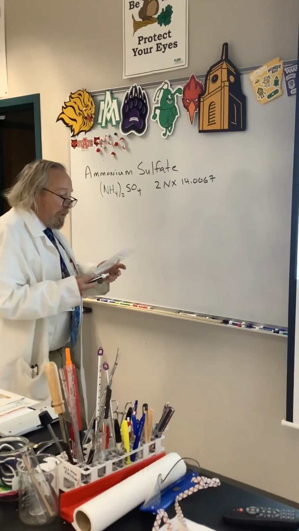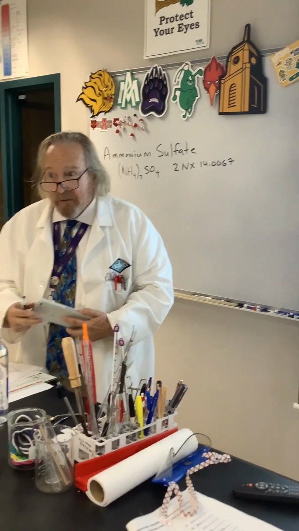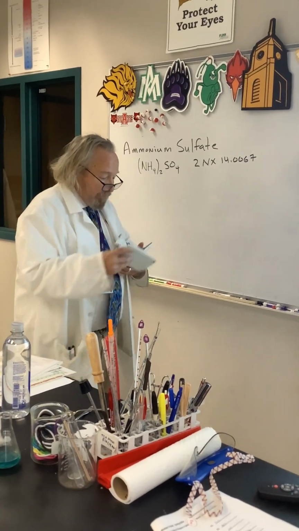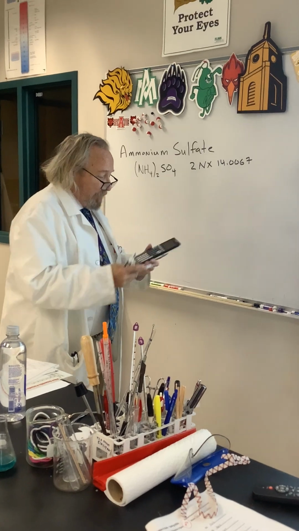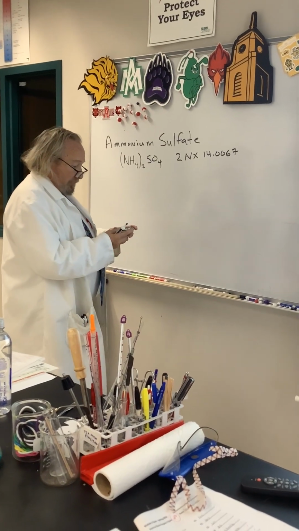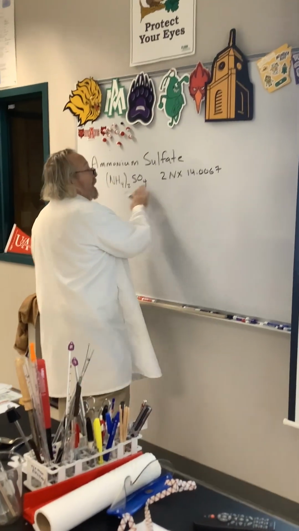Now, 2 of them would weigh, so get out your calculator. Remember, you write the formula of your compound, and then you start adding up the individual atomic masses. I have 2 nitrogen atoms in this compound.